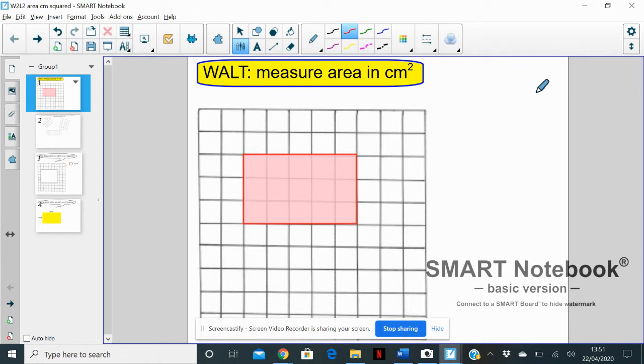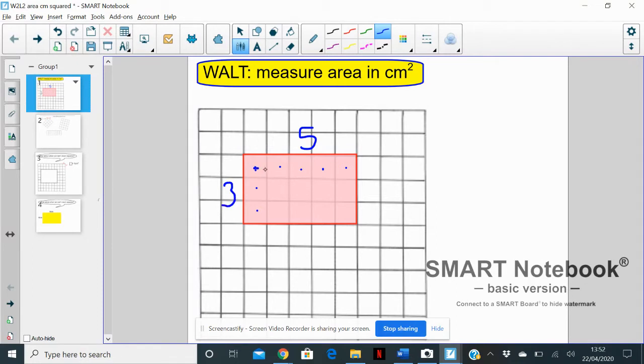I've got a rectangle on the grid here. I want you to pause the video and use your knowledge of arrays and counting arrays to tell me how many squares this rectangle has as its area. So I can see that it's got 1, 2, 3, 4, 5 squares going along its length, and it's got 1, 2, 3 squares down.